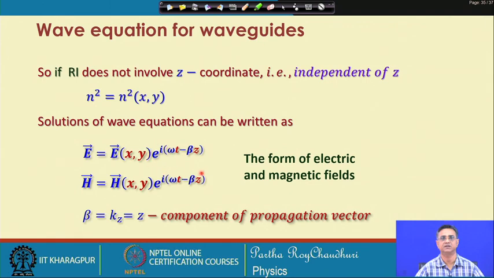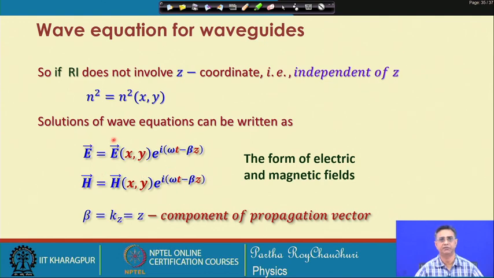So, they appear in this form, but the x and y part remains together in the amplitude of the electric field. So, it is the amplitude of the electric field which is a consequence of the refractive index distribution across the waveguide. So, this is the form of the electric and magnetic field. These two forms will be used.